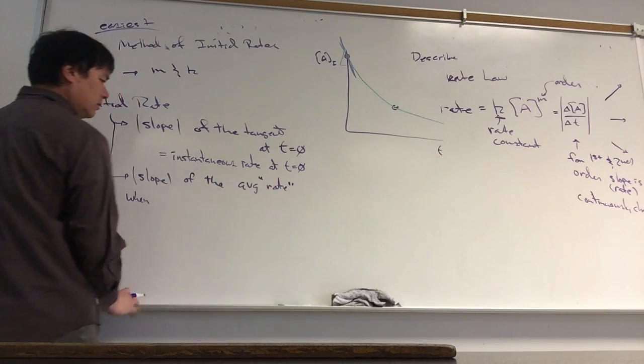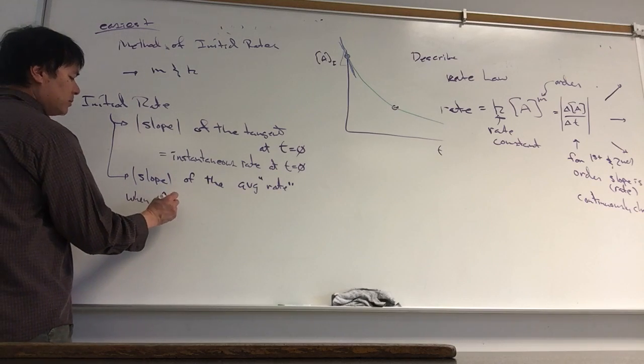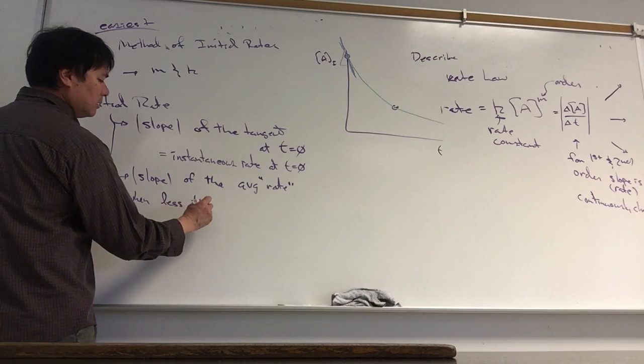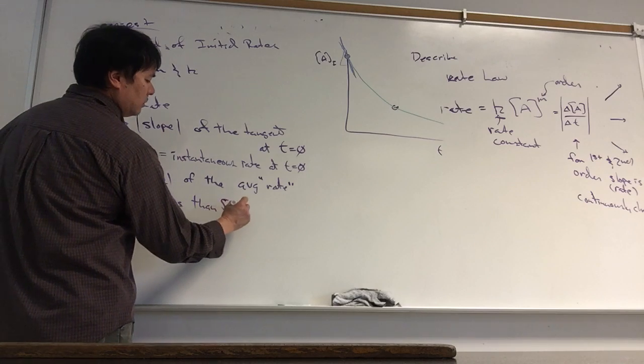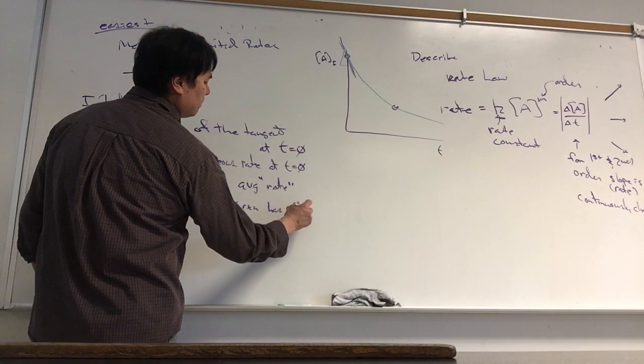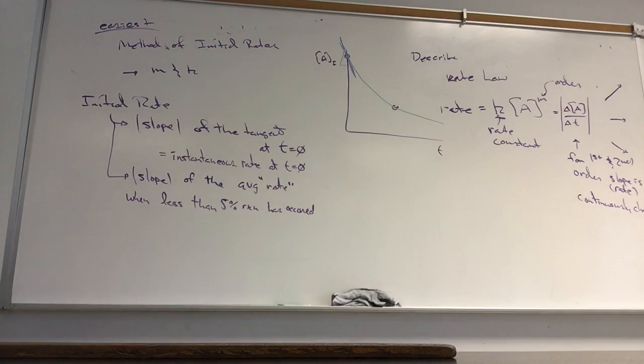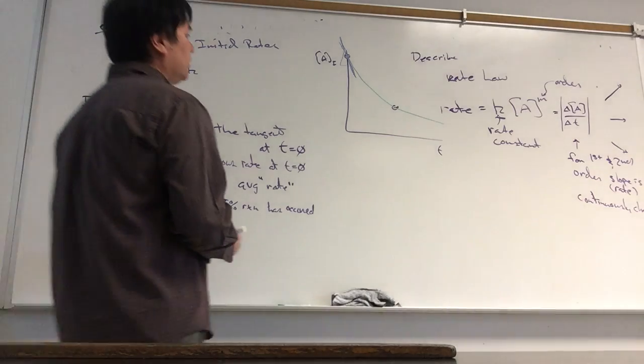I'll just put in a quote, when less than 5% reaction has occurred. The rate is a slope, so this is why my wording's a little bit screwed up here.